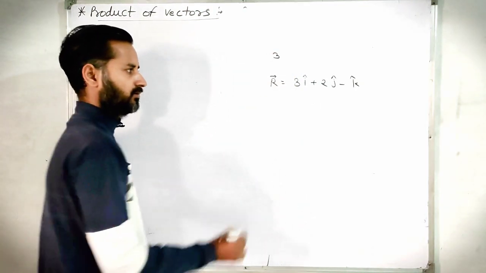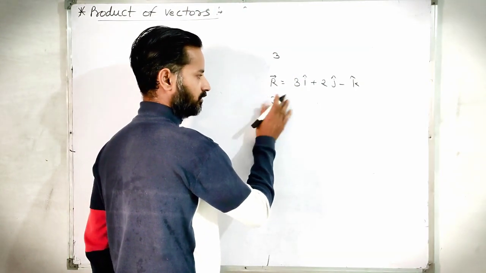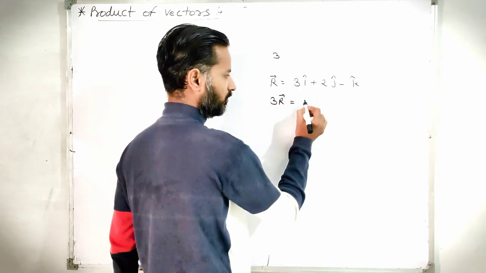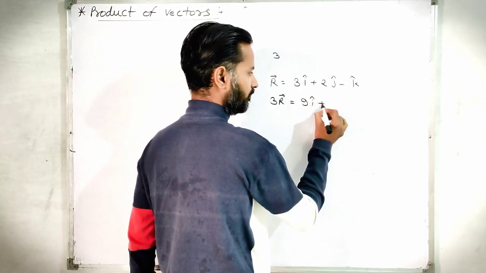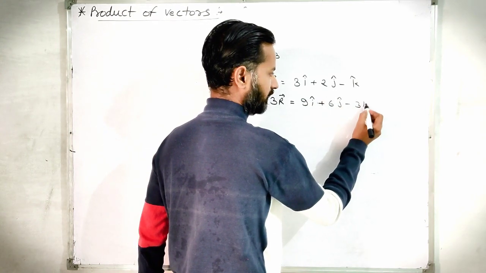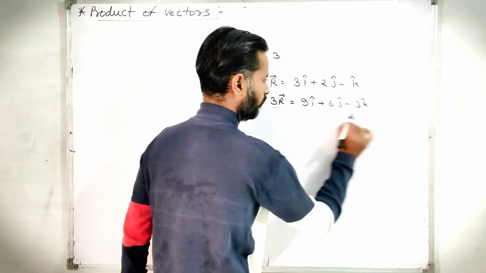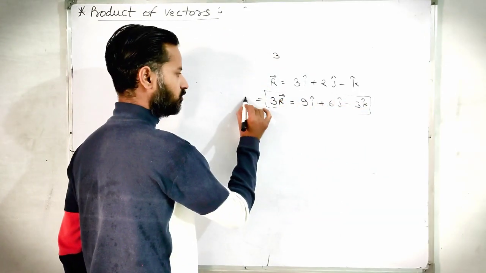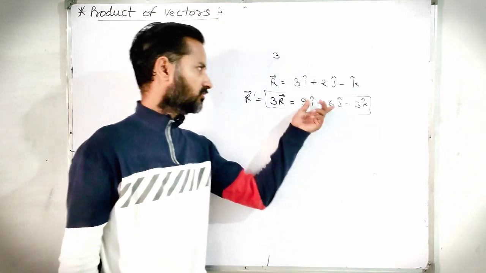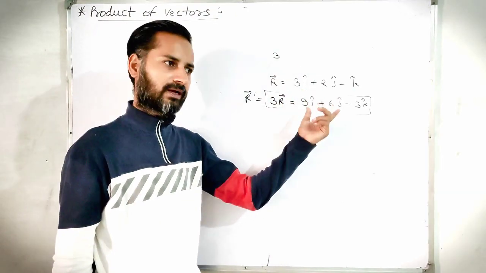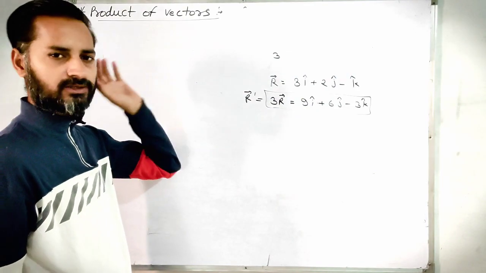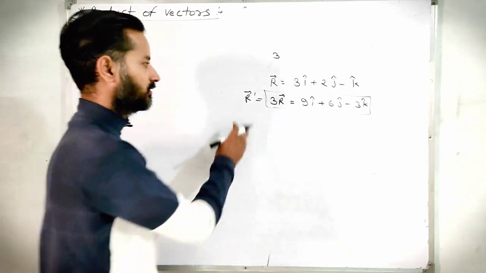Then what we get? 3r vector equals 9 i cap plus 6 j cap minus 3 k cap. And what we are saying is that our new vector r dash has just become 3 times the initial vector. So this is the multiplication of a vector with a scalar number.